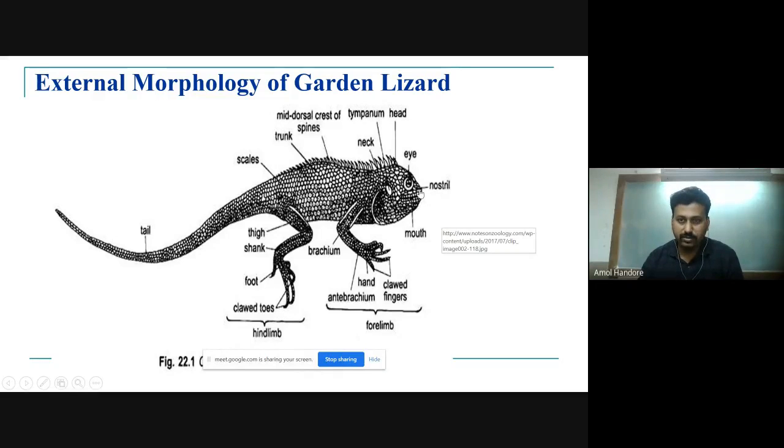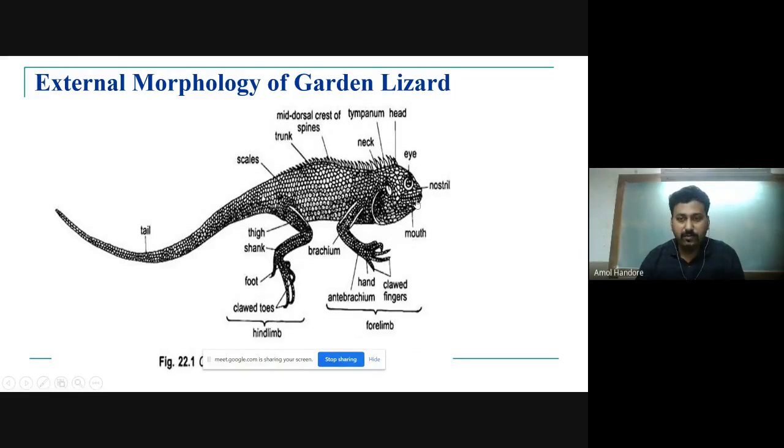You have this nostril, mouth, then you have this crest. So you have a mid-dorsal crest of spines. You have this external ear. So you have this opening that is called the tympanum.